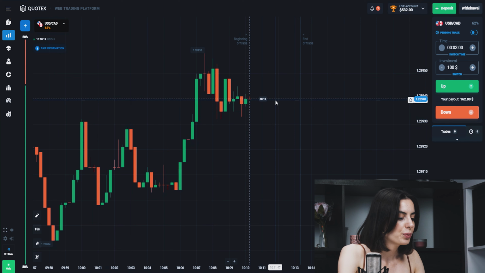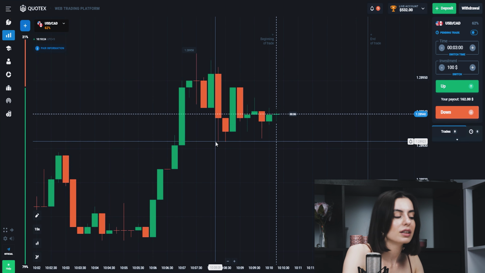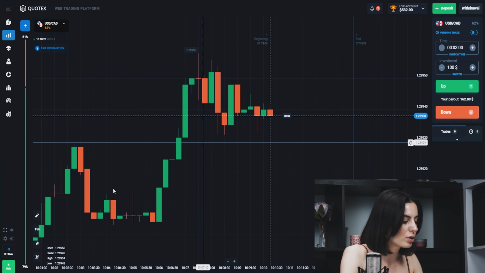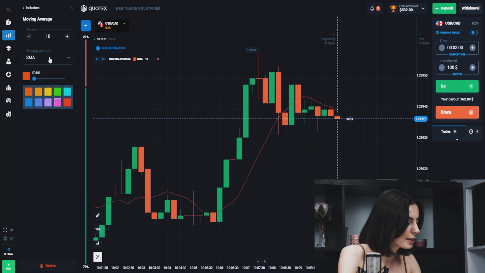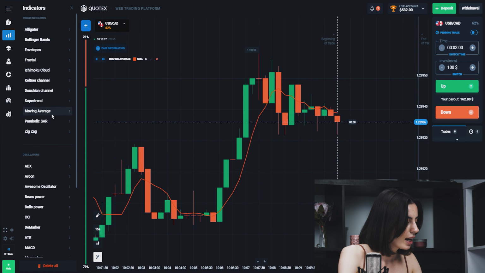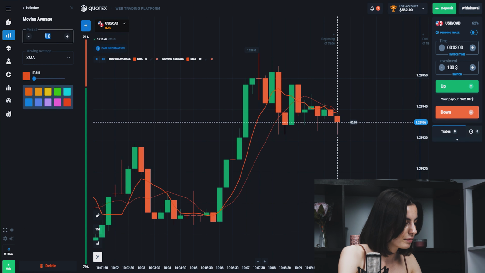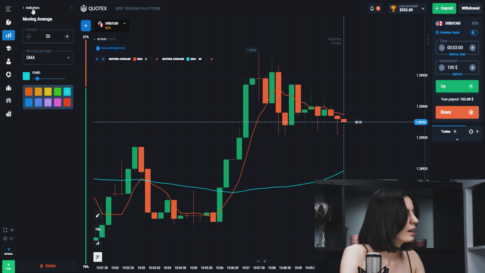So here we are with all the indicators and strategies for today. And remember, I'm always open to any proposals that you have about strategies or indicators or anything like that. The first one is going to be the moving average. We are changing it right here. The second one is going to be the moving average again, and the color is going to be blue, and the thickness, just to see it better.